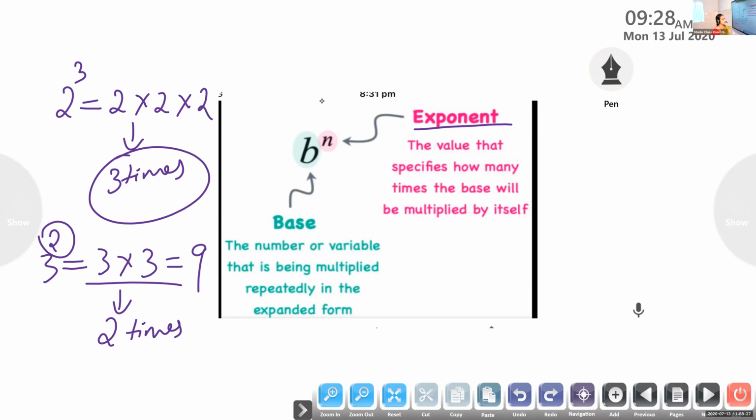Okay, Salin, read the definition of exponent. Unmute and read. Still, we can't hear you, Salin.